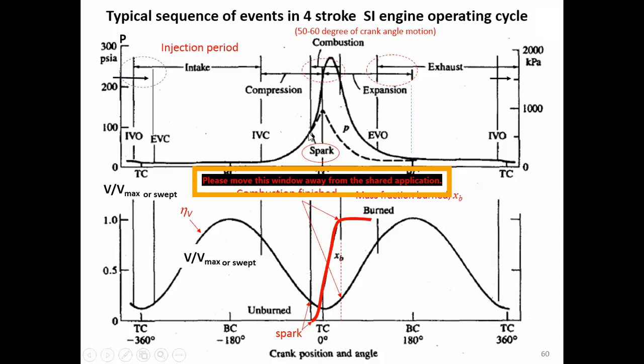Okay, so the spark happens before the end of the compression. The compression still happens, but then we spark, right? So the combustion starts to happen at the point where the spark happens. See the combustion right here, right? So after the spark, you are still not seeing a high rise of the pressure.